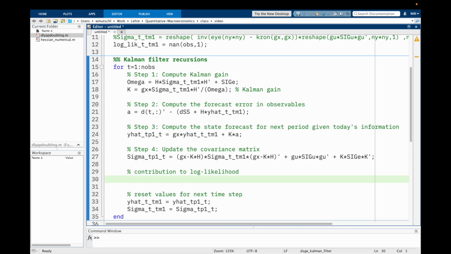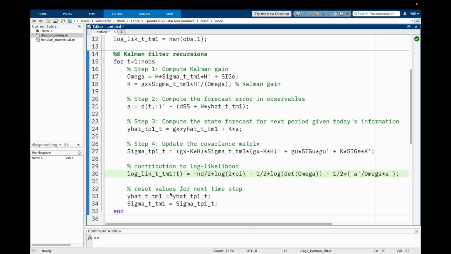Okay, so this is, what did we call that? That was that guy in period t, and this was the formula for the density of a multivariate normal distribution: minus number of observations divided by 2 times log of 2 pi, minus 1/2 times the log of the determinant of omega, and minus 1/2 times a prime, the inverse of omega, times a, right?